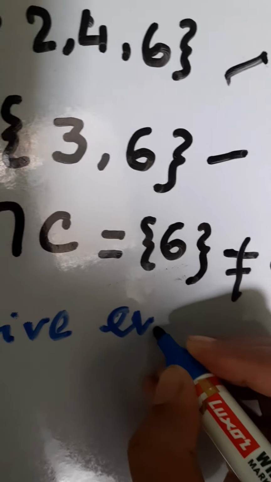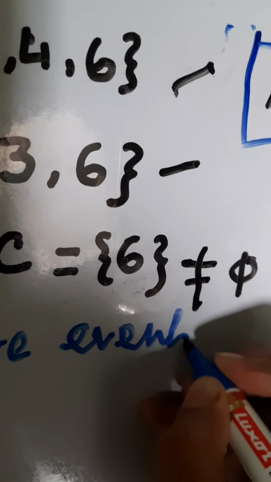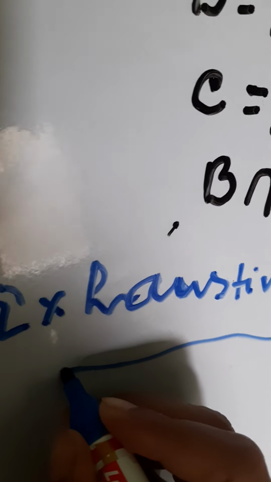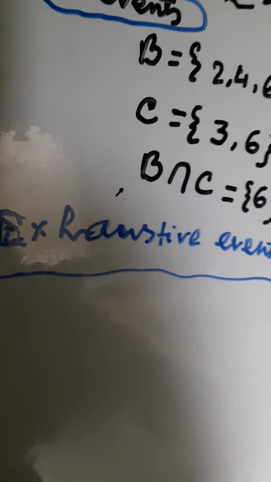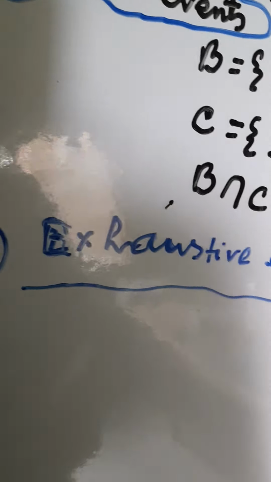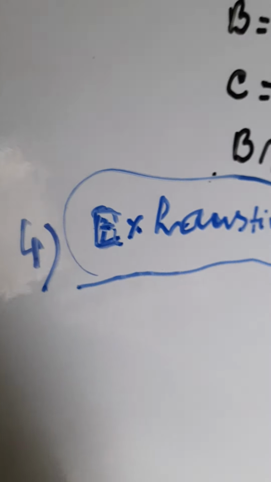We frequently say after doing some hard work, we become exhausted. I'm taking the mobile in one hand and writing with the other, so please, sorry for the inconvenience. However, exhaustive events means that the sample space is totally exhausted.